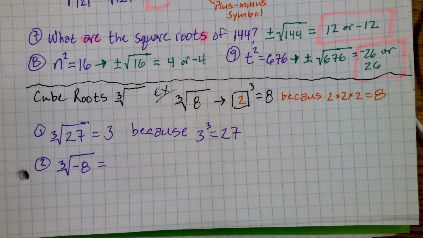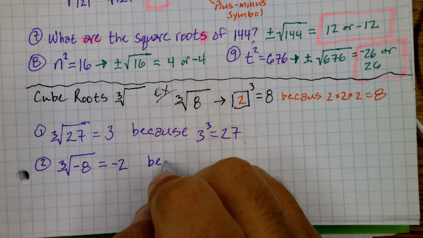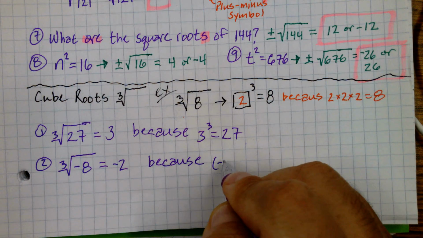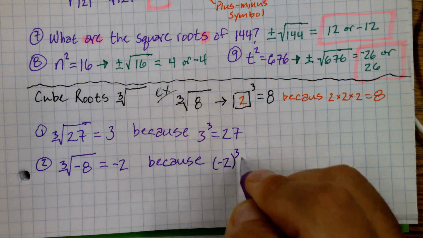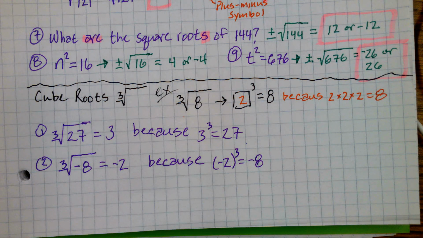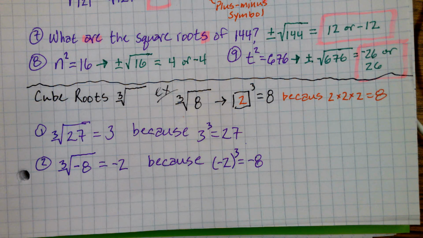What number times itself 3 times is negative 8? Actually, it would be negative 2. Because negative 2 to the third power is negative 8. Think about it. Negative 2 times negative 2 is 4. 4 times negative 2, negative 8. Okay?